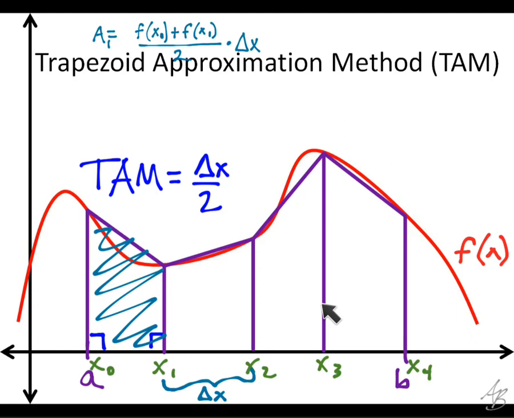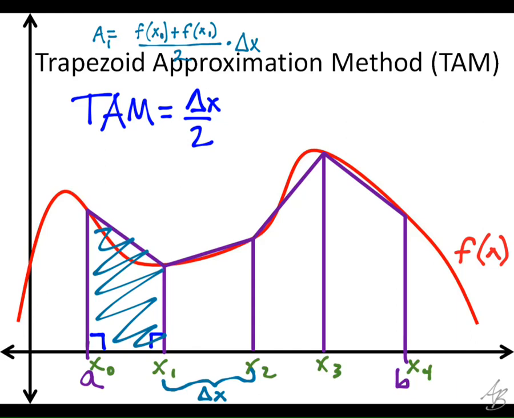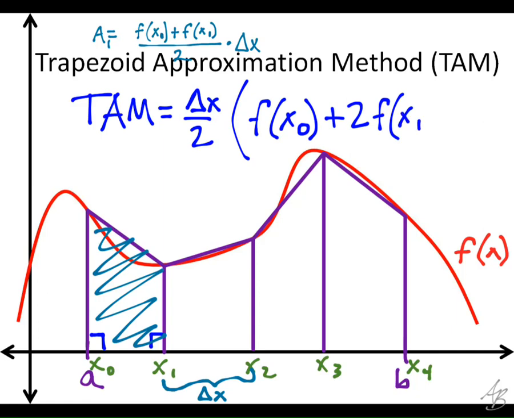And then how about the last one? 3 and 4. So what do you notice about x sub 1, x sub 2, and x sub 3? They appear twice each, right? So what we end up with is the first and the last ones only appear once, but all the ones in between appear twice.